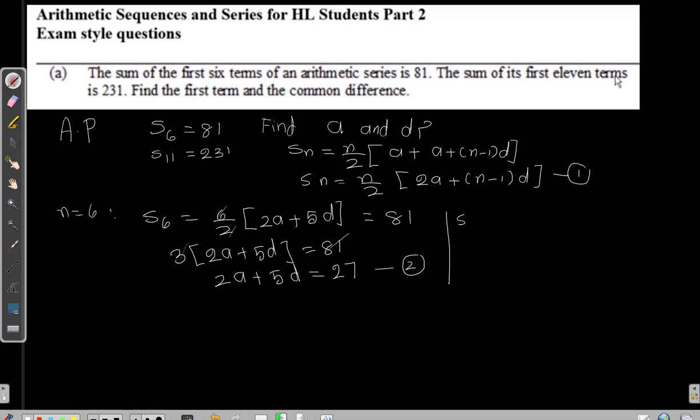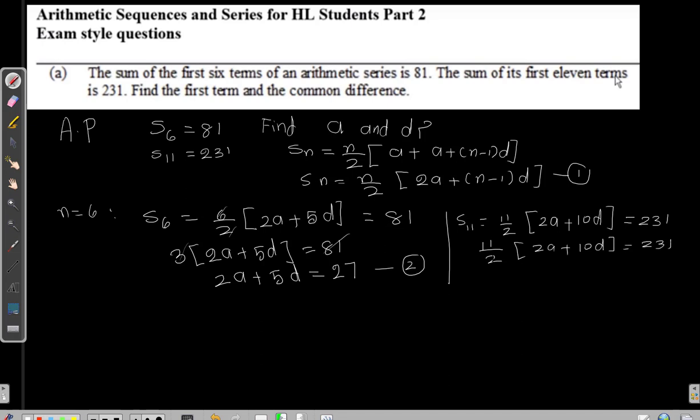So S11 equals, using the formula, 11 over 2 times 2a plus n minus 1, that is 11 minus 1, 10d. That must be equal to 231. So 11 over 2 times 2a plus 10d equals 231.